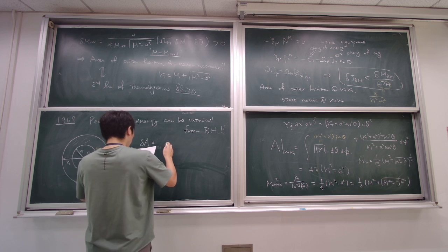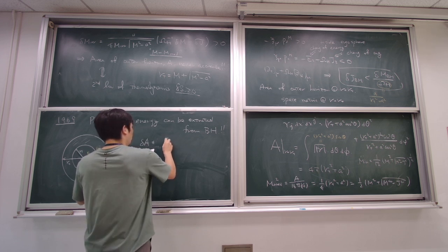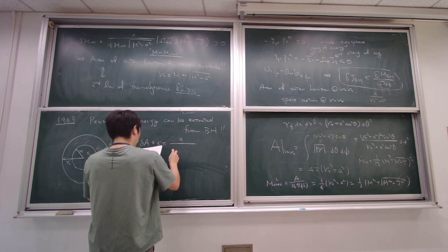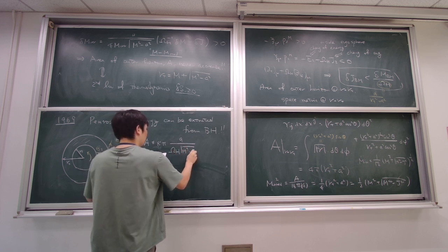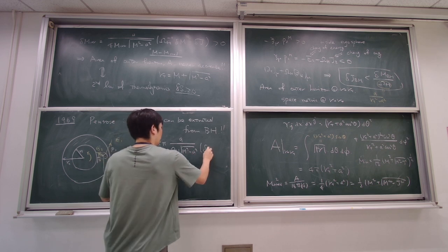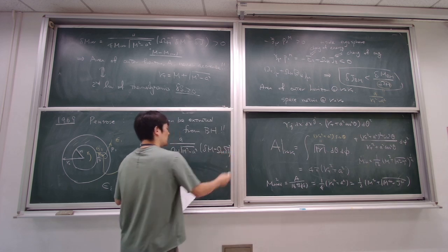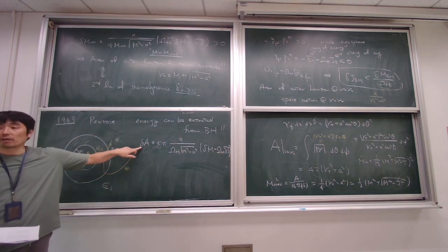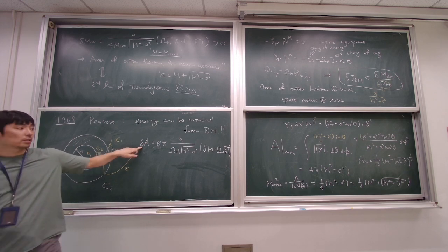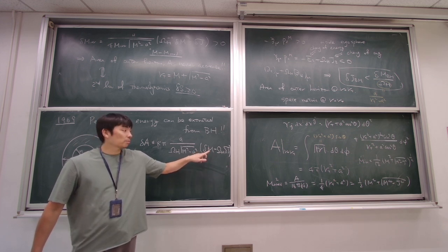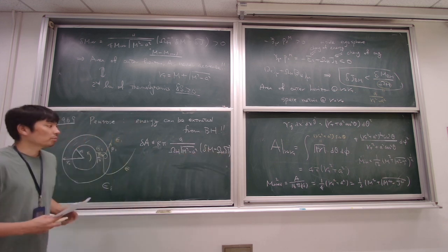Delta A can be written as follows: 8 pi A over omega H square root of M square minus a square times delta M minus omega H delta J. That's how the area behaves under variation of mass and angular momentum.